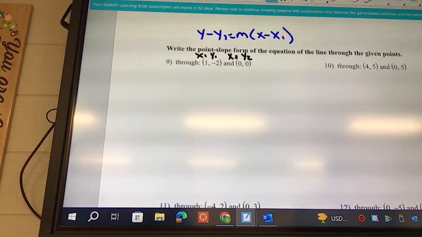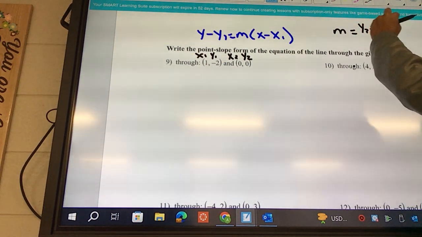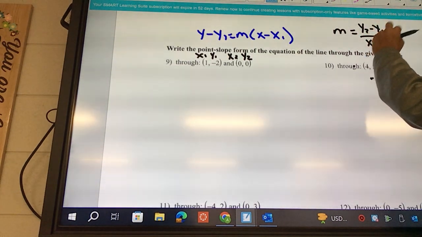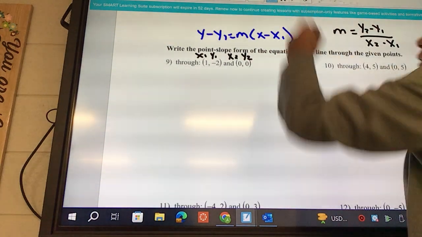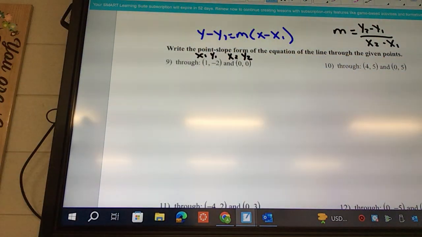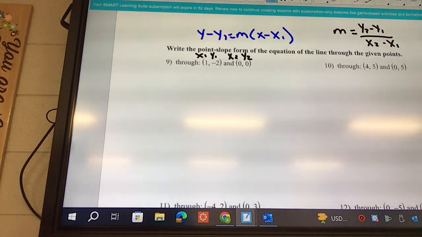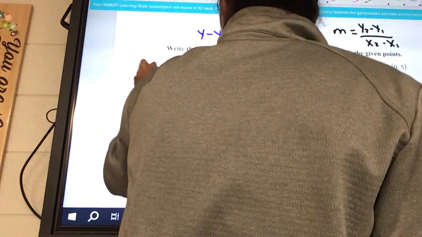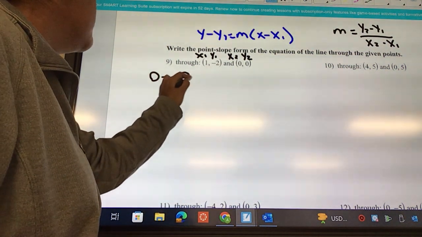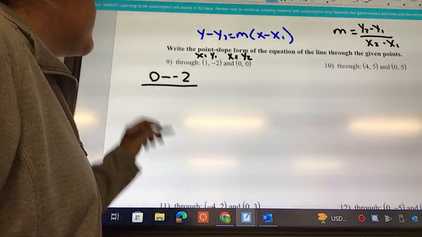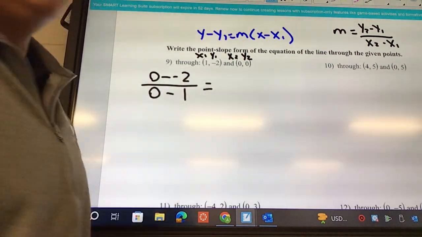The formula to find the m is m equals y2 minus y1 over x2 minus x1. We did do these before. In order to find that, we can plug this in. So y2 is 0 minus y1 is negative 2 over x2, which is 0, minus x1, which is 1.